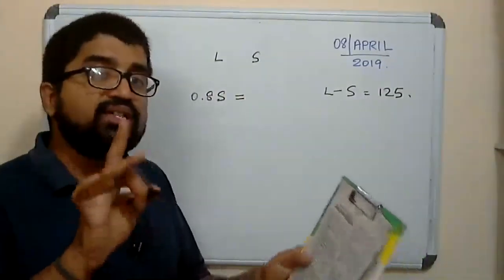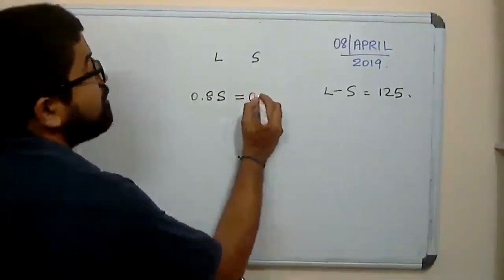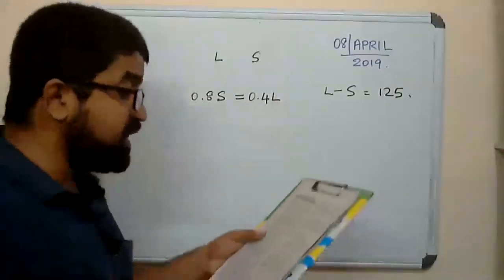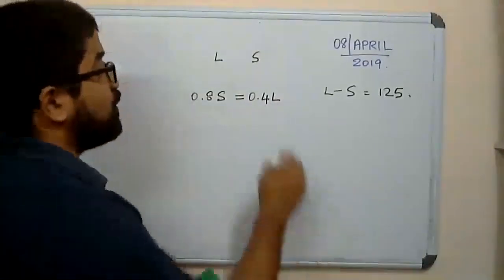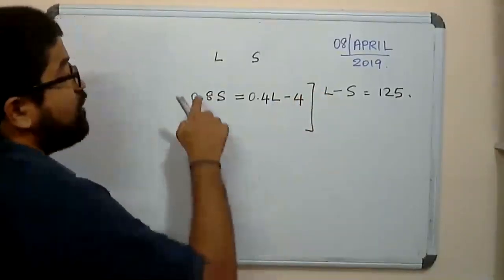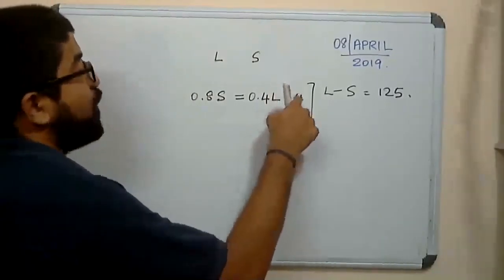So first we have to consider 40% of the larger number, that comes to 0.4L, and 4 less than this. So from this I have to subtract 4. So that's the result we have: 0.8S is equal to 0.4L minus 4.